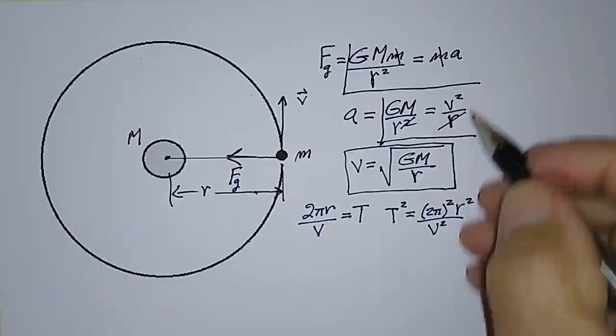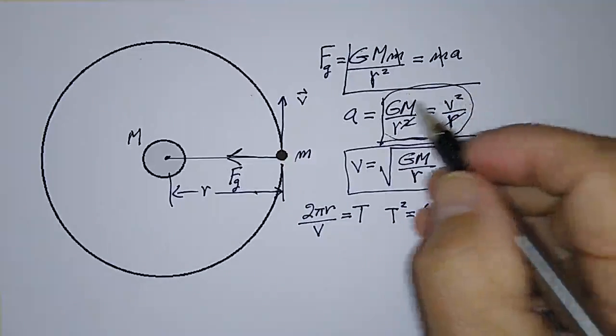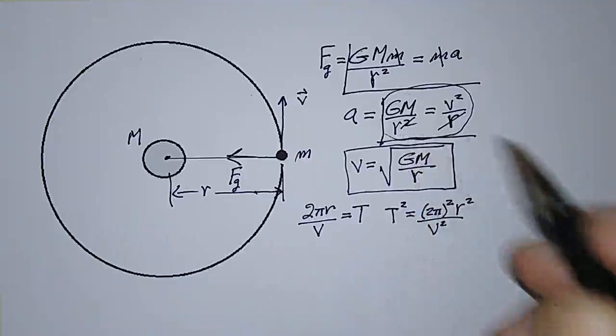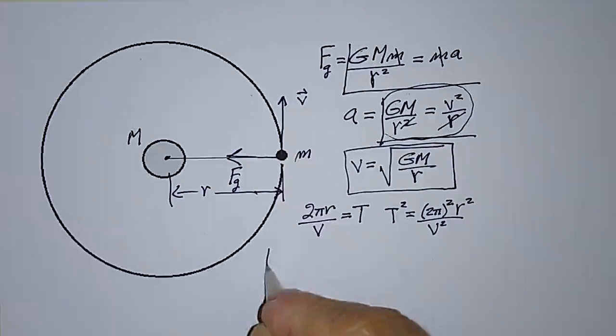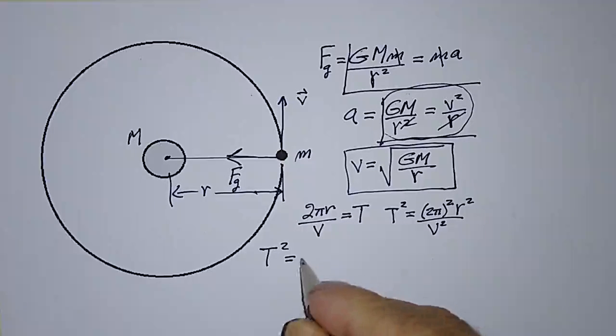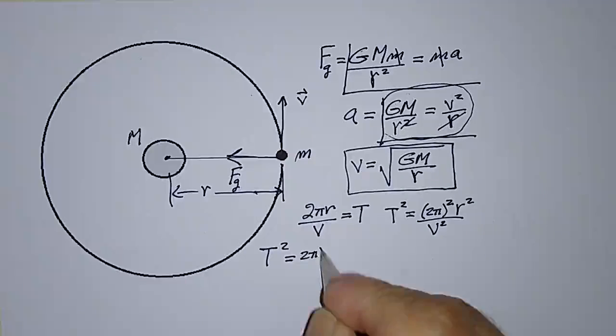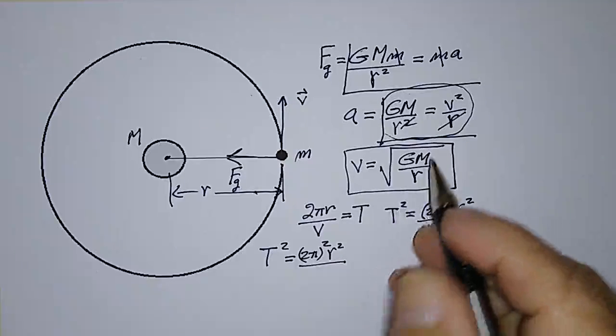And the reason I'm doing this is because I've already got this relationship up here for v squared, which is just GM over r. So I can write t squared then is equal to 2 pi squared times r squared divided by v squared.